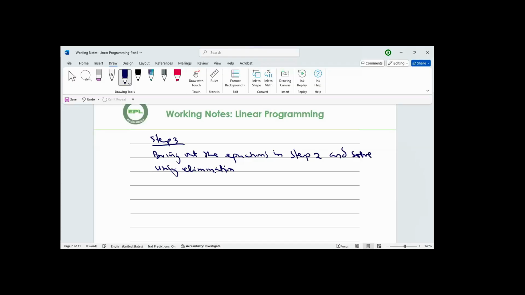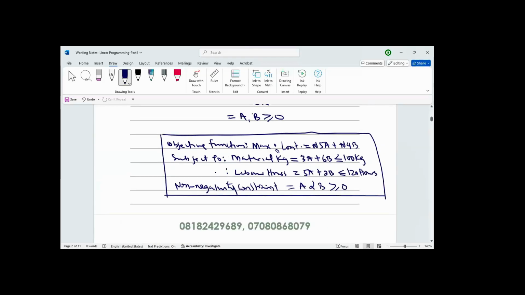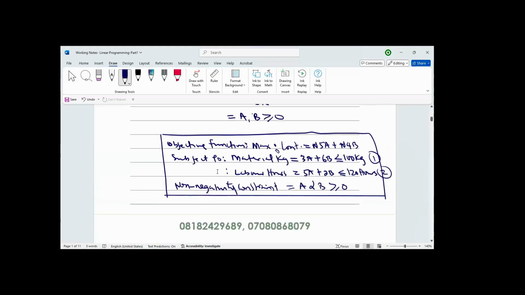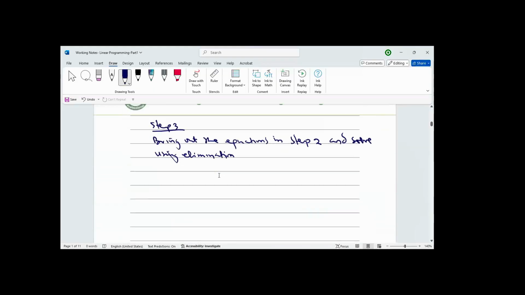All the equations that you have determined in step 2 could be more than one equation. For example, material is one equation, labor is another equation. If you have other constraints, like for example machine hours, whatever equations you have in the question, you bring them out. So in this case, in our example, we have two equations, 3a plus 6b.